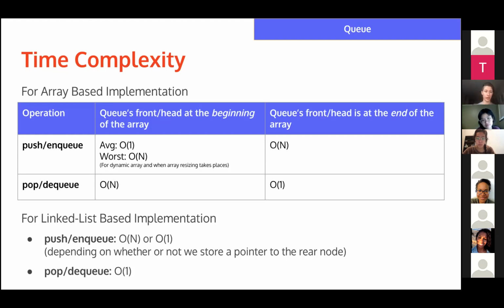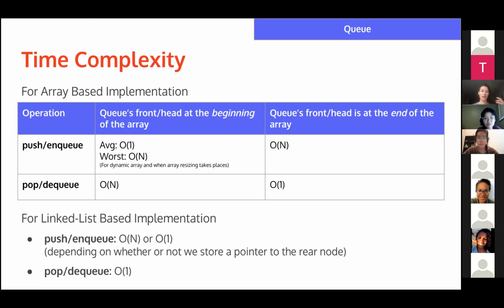And then just looking over the big O's for the array-based implementation. What we just looked at is the second column. The implementation we just made is where the front is at the end of the array, because we're popping things off of the end and adding things to the start of the array.